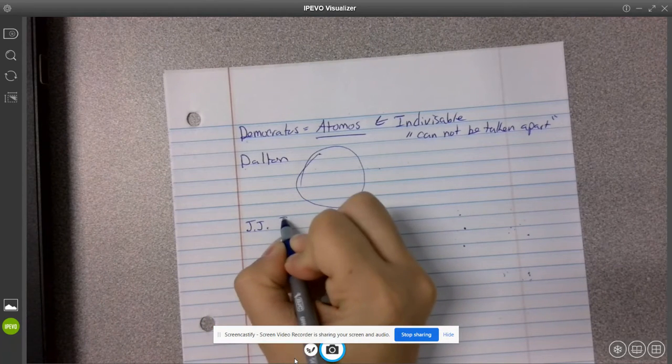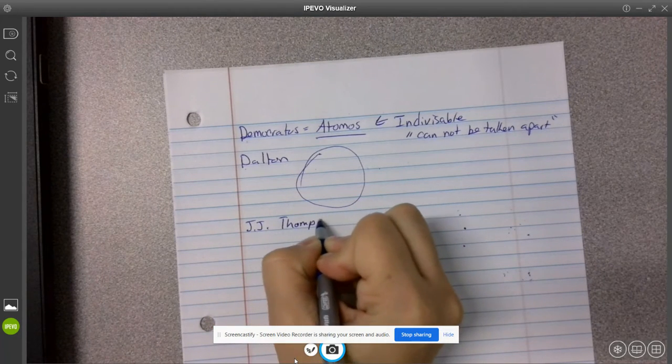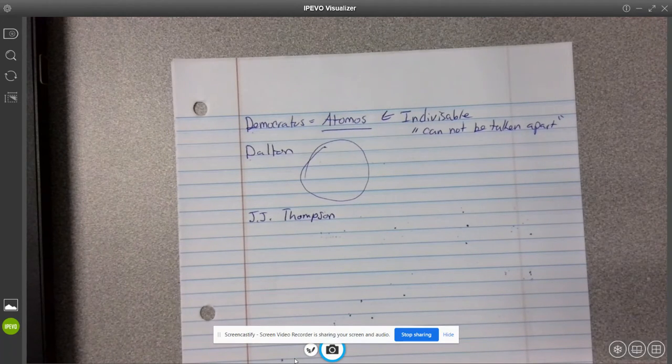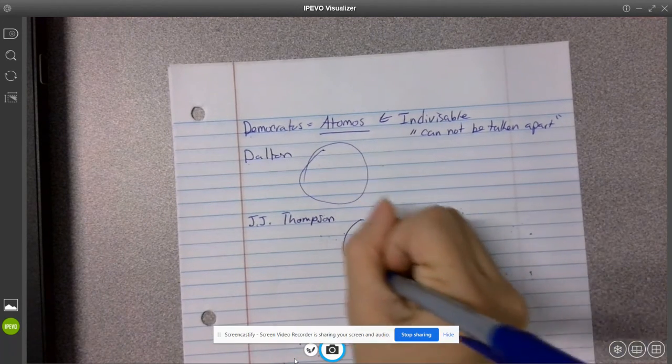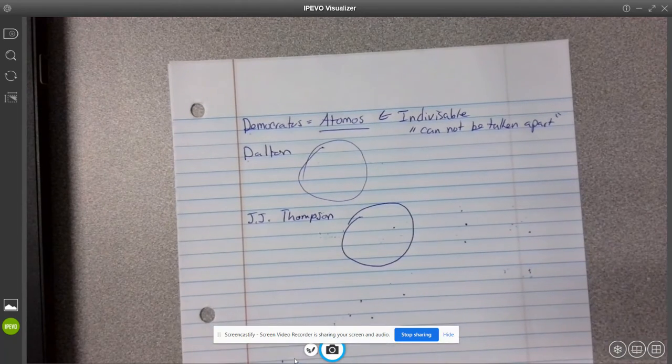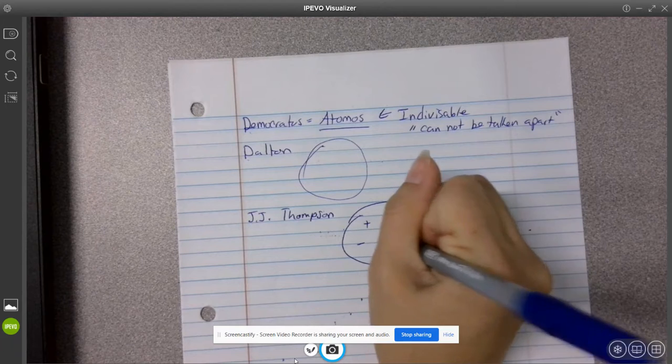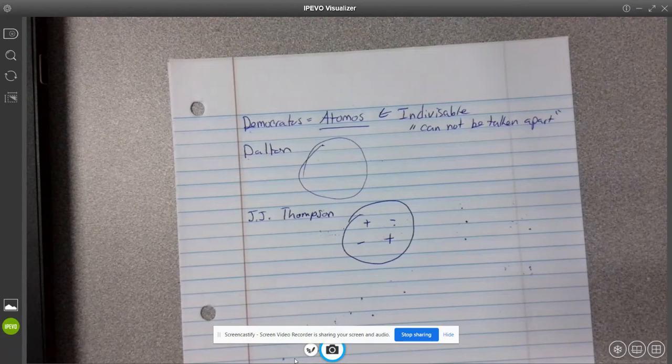Our next model only came about 20 years later with J.J. Thomson. His model decided that there were just positive and negative charges kind of floating around within our circle, within our sphere.